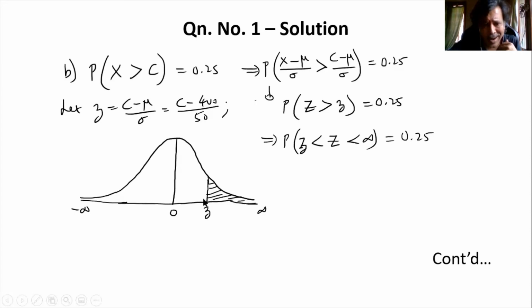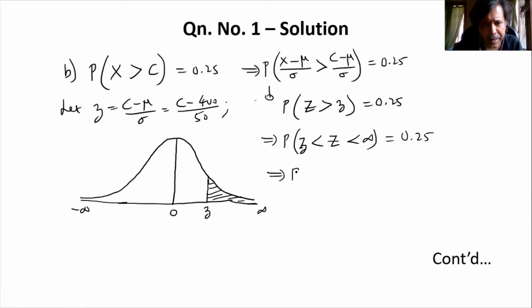I can't directly find out from the tables from z to infinity, but I can convert it to 0 to infinity minus 0 to z, because 0 to some value, I can get from the tables. Means the small z to infinity is the same as 0 to infinity minus 0 to z. That is what we are going to do.